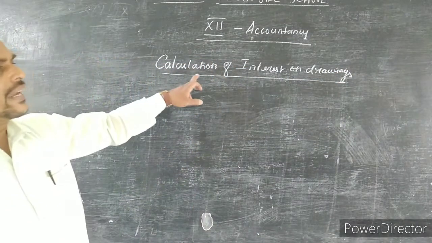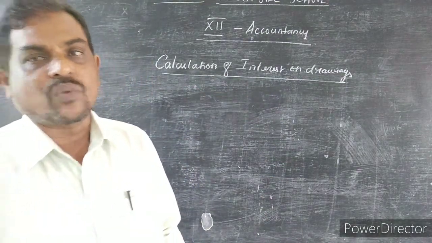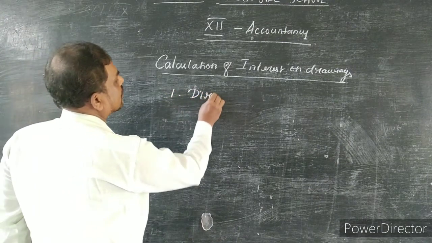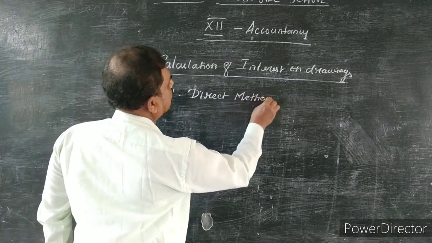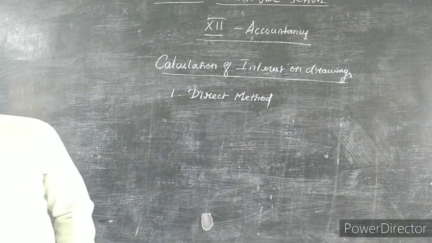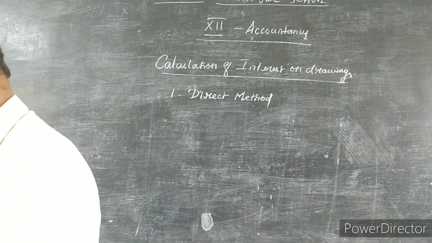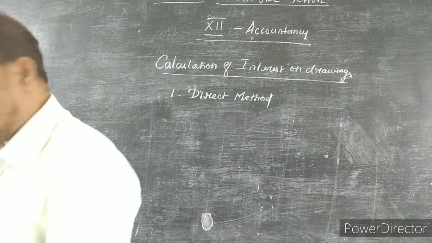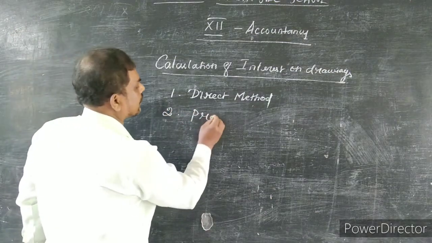While computing the interest on drawings, there are some methods given in the sum. The first method is called direct method. The second method is called product method.